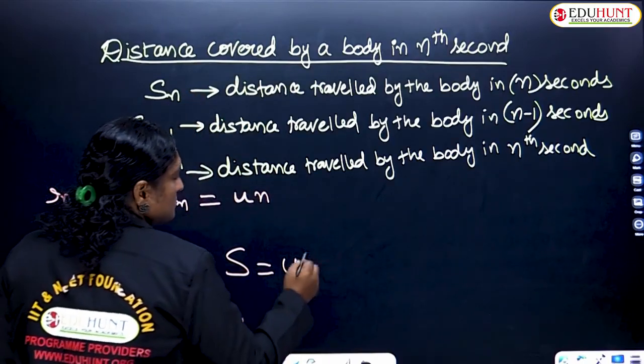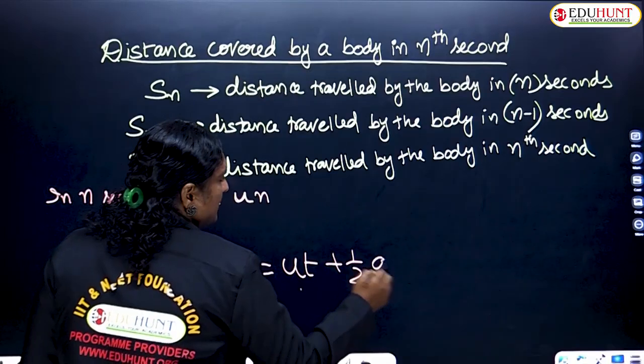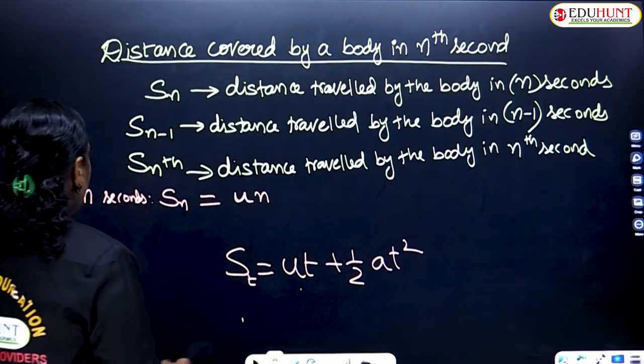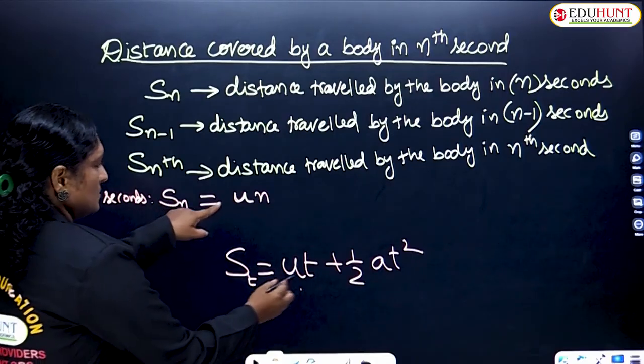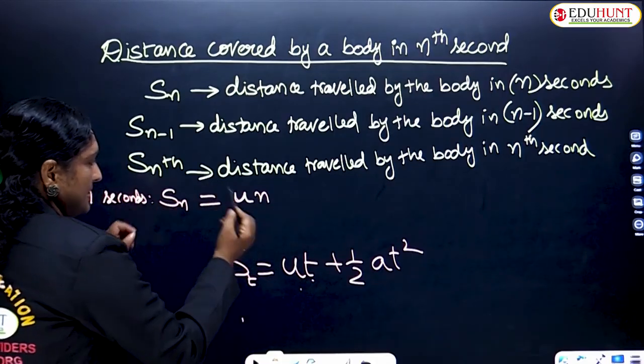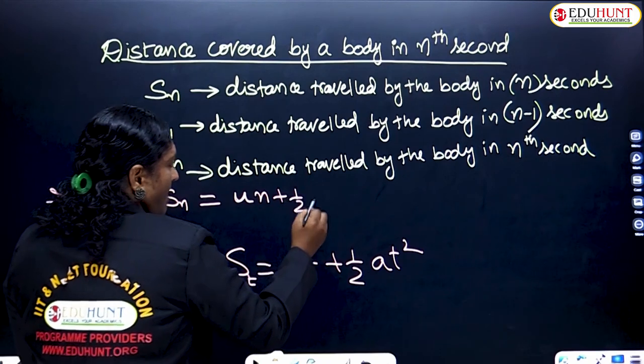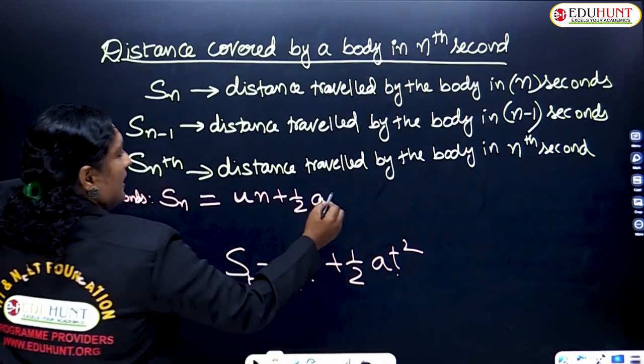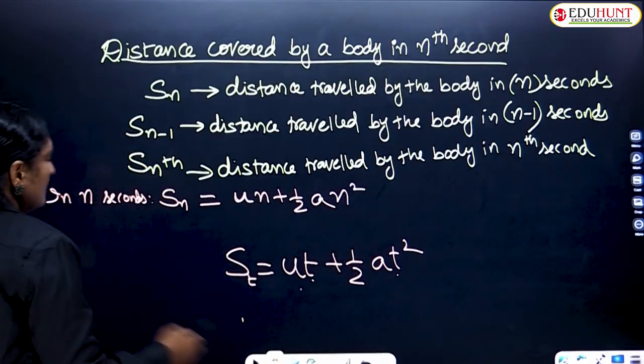S is equal to ut plus half at square, okay, this is for t seconds. So S equals, instead of t, I replace with n, un plus half a, instead of t, I have to replace with n square.